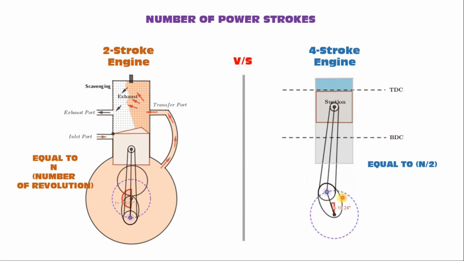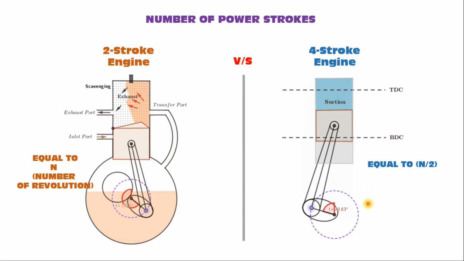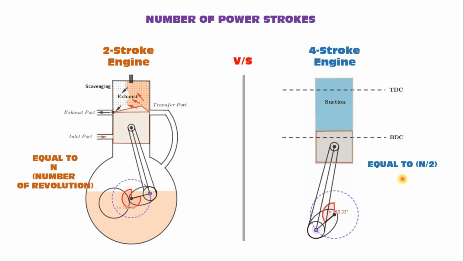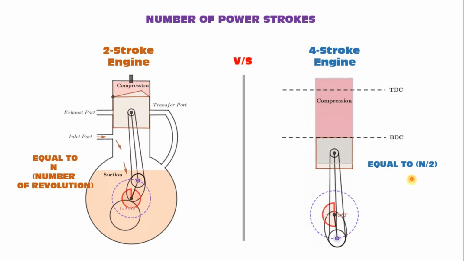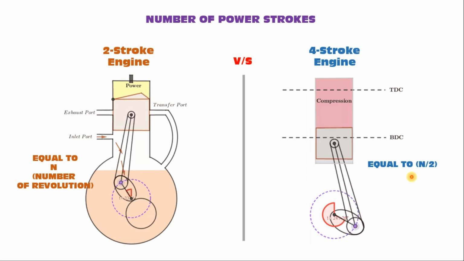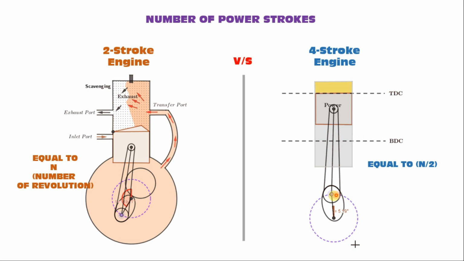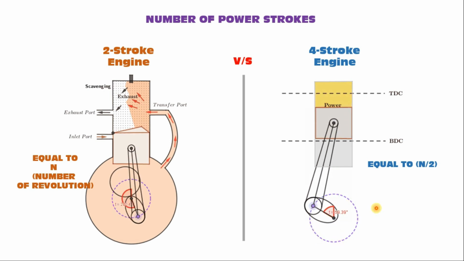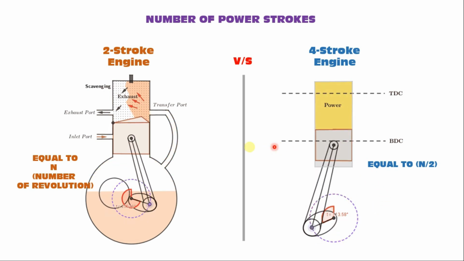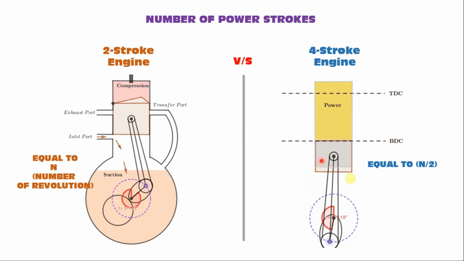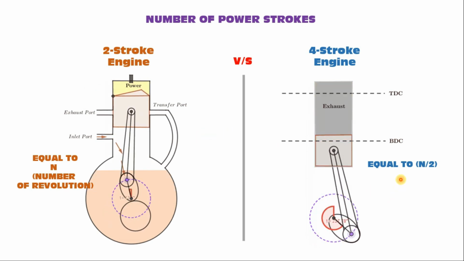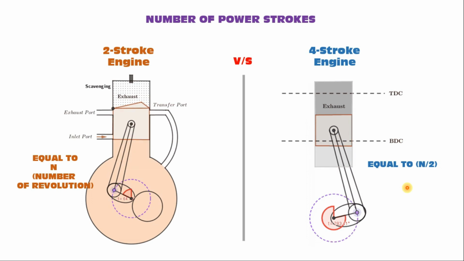So if there are four revolutions, then there will be only two power strokes, because power is generated in alternate revolutions. So it is equal to n by 2, number of revolutions divided by 2. So you can say, as compared to two-stroke, a four-stroke engine has half the power strokes.